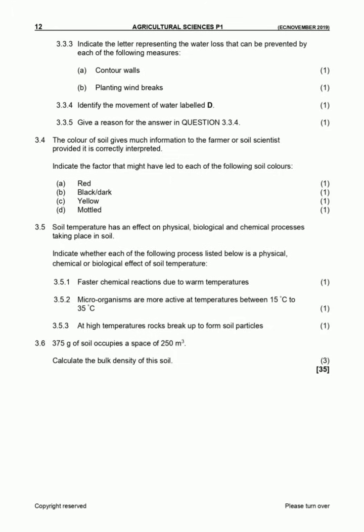These are the marks that you need to collect by all means. Make sure you've got the correct formula. So 375 grams of soil particles occupies a space of 250 meter cubes.